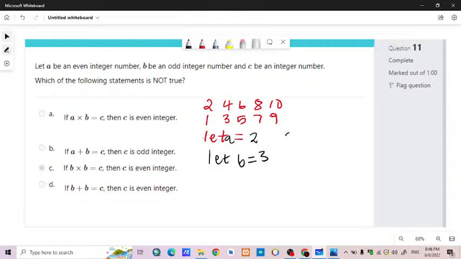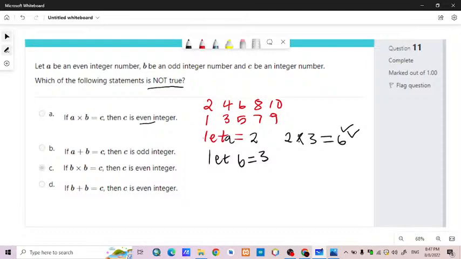If A is 2 and B is 3, 2 multiplied by 3 gives us 6, and 6 is an even number. They told us it has to be an even integer, so this one is correct. That's not our answer, because we are looking for a statement that is not true.